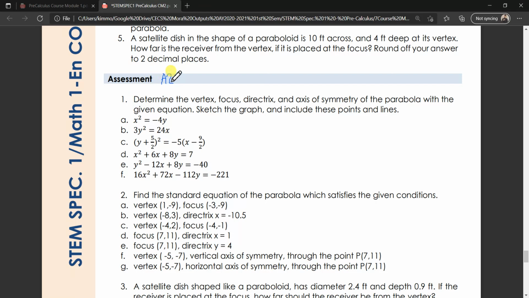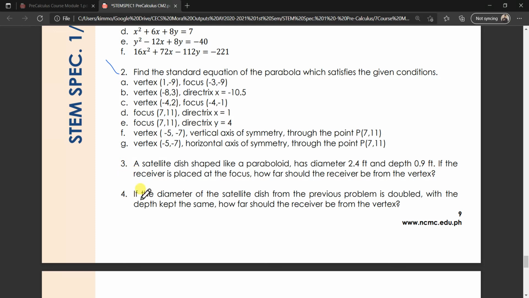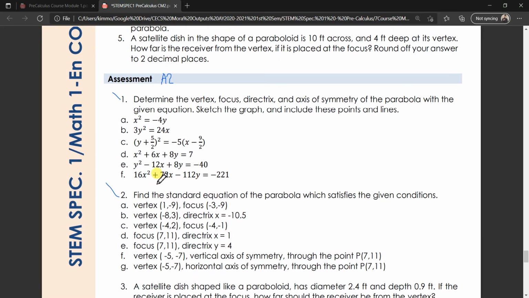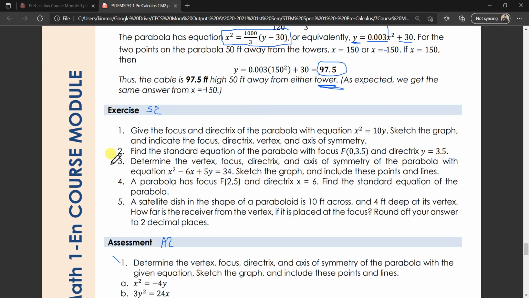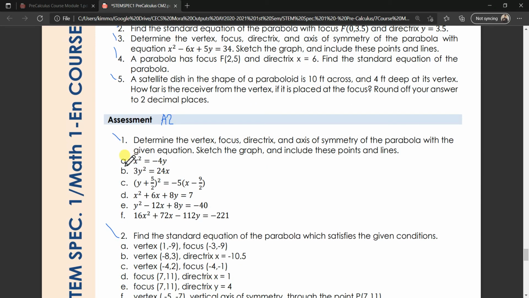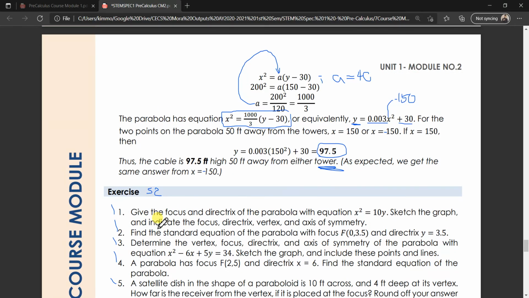So for assessment or assignment 2, just answer numbers 1 and 2. Okay? So ayaw na ang 3, 4, 5, 6, 7 kay taas na kayo. So again, seatwork number 2, numbers 1 to 5. Assignment number 2 is numbers 1 and 2. So that's all for module 2, the topic, the parabolas.